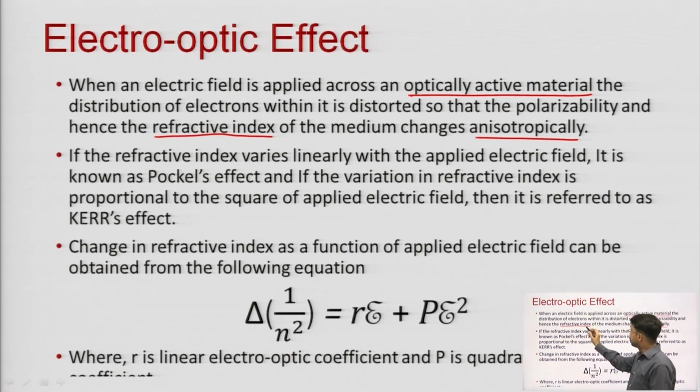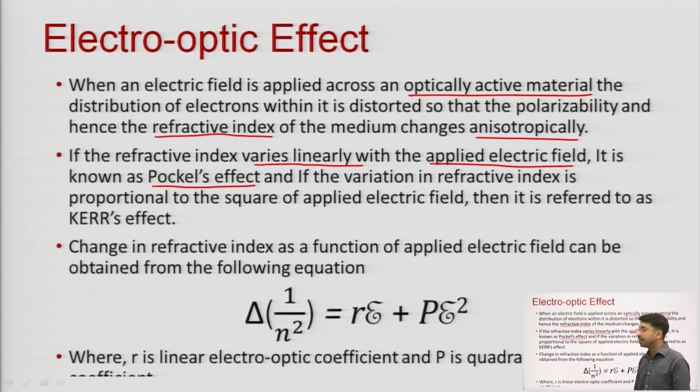If the change in refractive index varies linearly with the applied electric field, it is known as the Pockels effect.